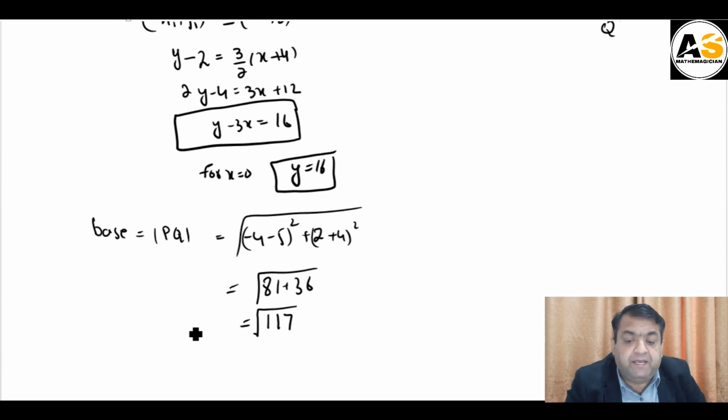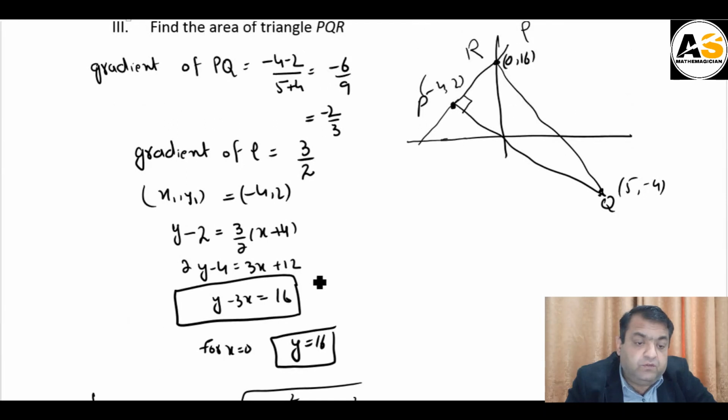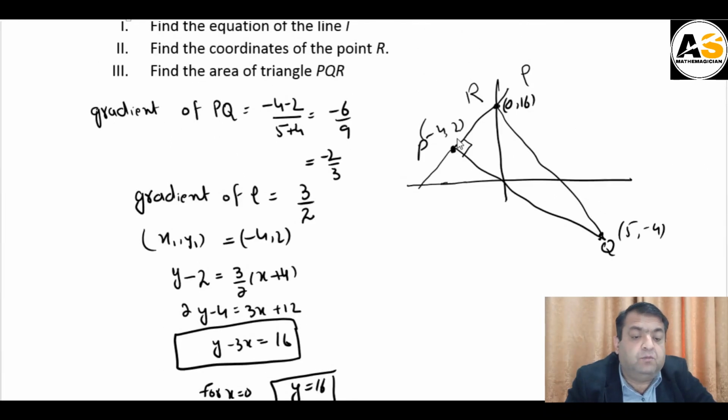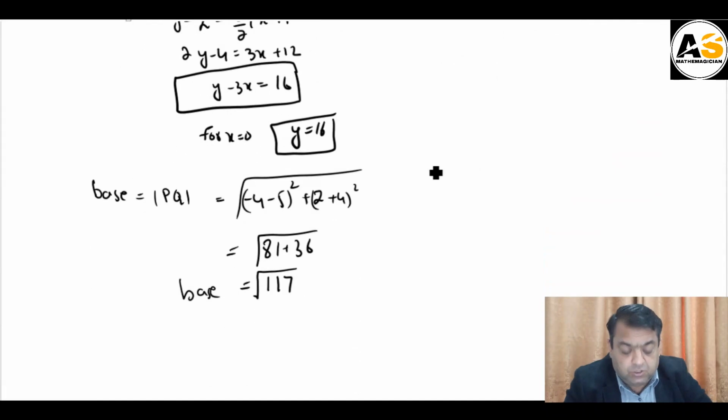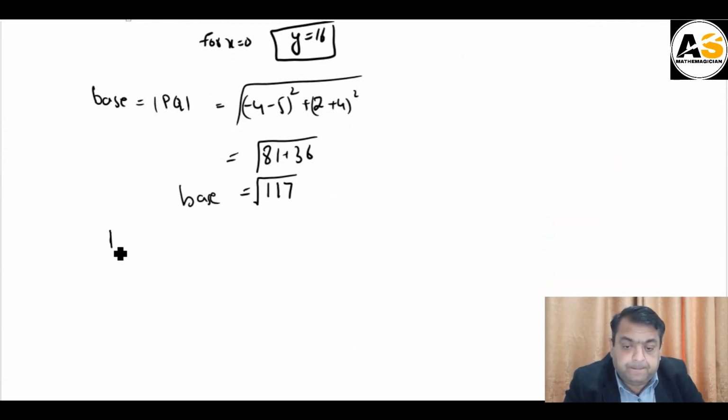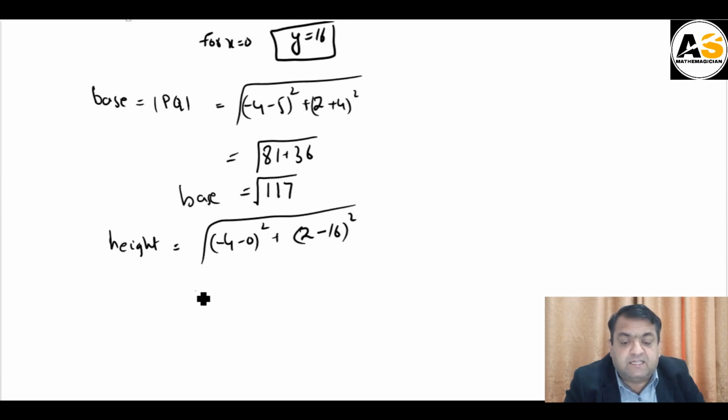This is the base. Now, what is the height? The height is the distance between P and Q, minus 4, 2 and 0, 16. So the height will be the square root of x1 minus x2 squared plus y1 minus y2 squared. This will be 16 plus 2 minus 16, which is minus 14, and minus 14 squared is 196, square root.